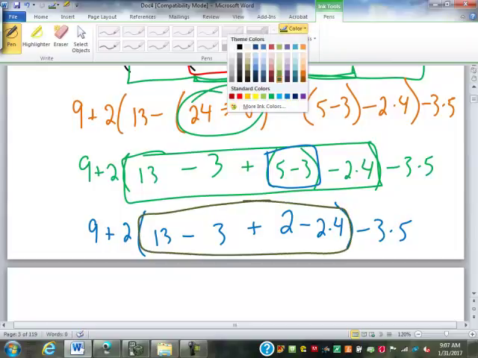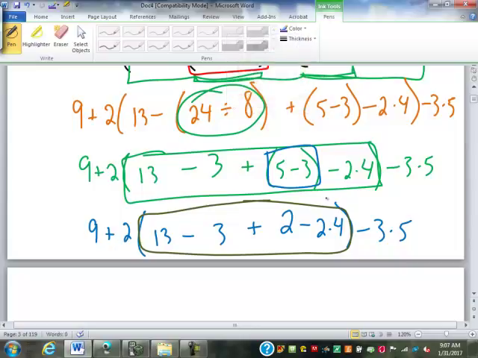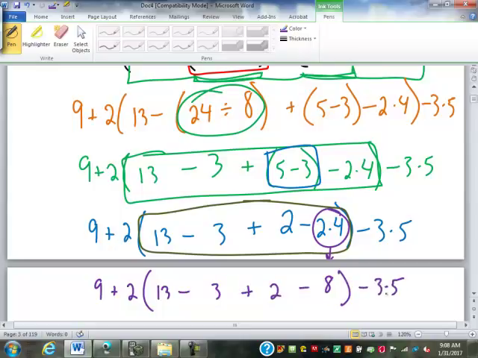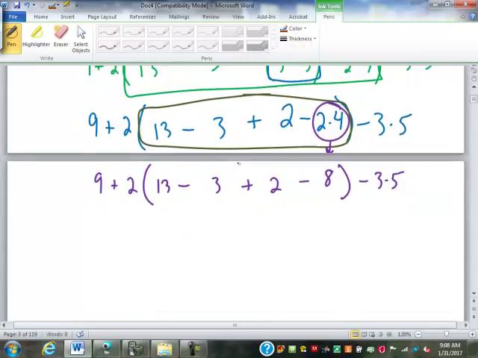In there, any other enclosing symbols? No. Any exponents? No. Multiplication or division? There's one here. 2 times 4, which is 8. Okay, so still inside that parentheses. No more multiplication or division, so we're down to addition and subtraction.